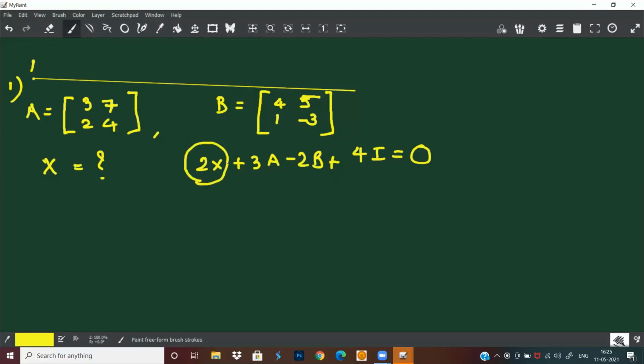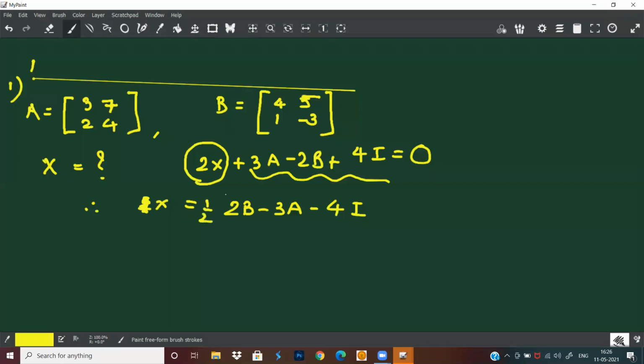You have to get matrix X. So, 2X will be everything on the other side. It is going to be 2B minus 3A minus 4I. So if I remove this 2, it's going to be half of the entire thing.